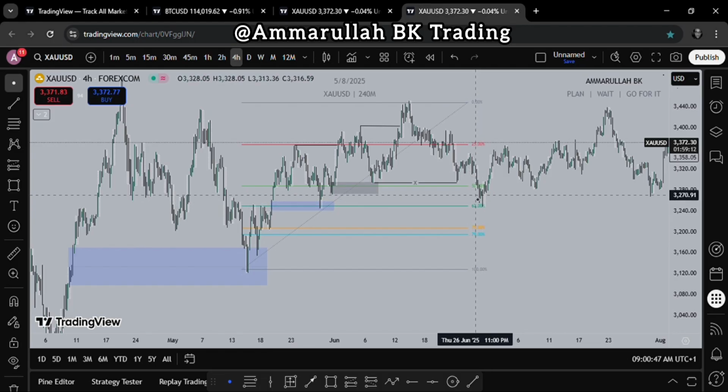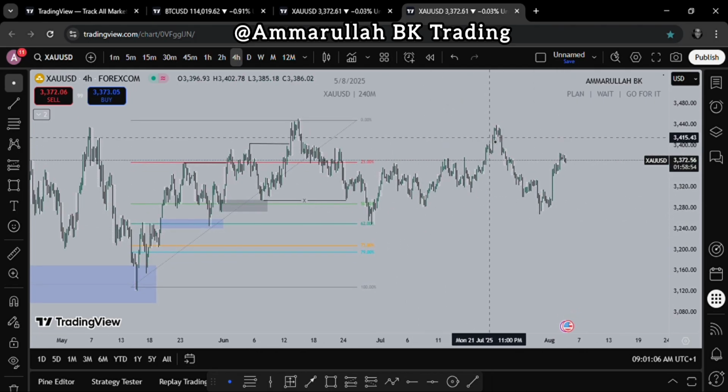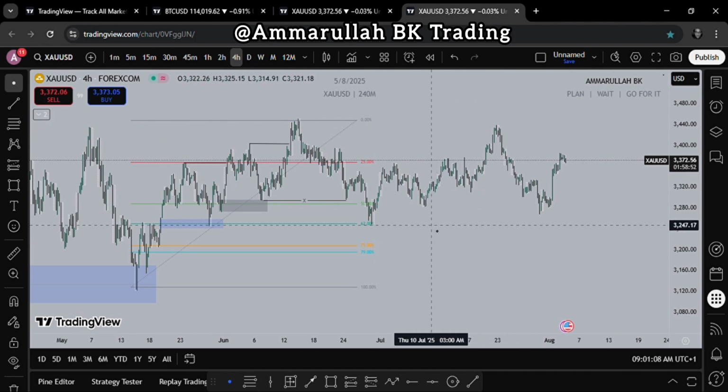If you can see, this is our 50%, which is our equilibrium. So the price sold down to the 62% level, which is inside the discounted level, right? Then it keeps on ranging. That's what caused the ranging of the marketplace.